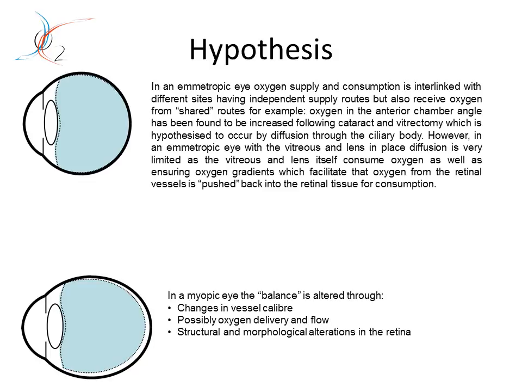So we have the choroid, the retinal vessels, the vitreous, an avascular area, the lens, and the anterior chamber, and at each of those levels we can't always directly measure the oxygen consumption or the oxygen present.